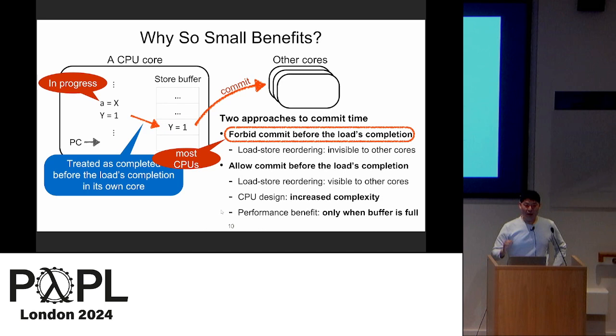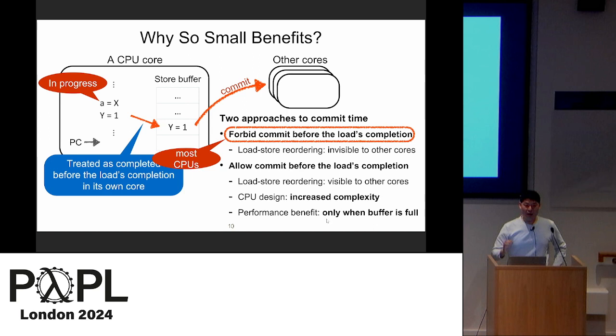But if you want to allow commit earlier, then you have to consider many things. So it's more complex, and the in-core performance benefit exists only when the buffer is full. If the buffer is full, you can kick out some write more quickly and then execute further instructions. These days the buffer is big enough for most performant CPUs, so they don't care much about this.